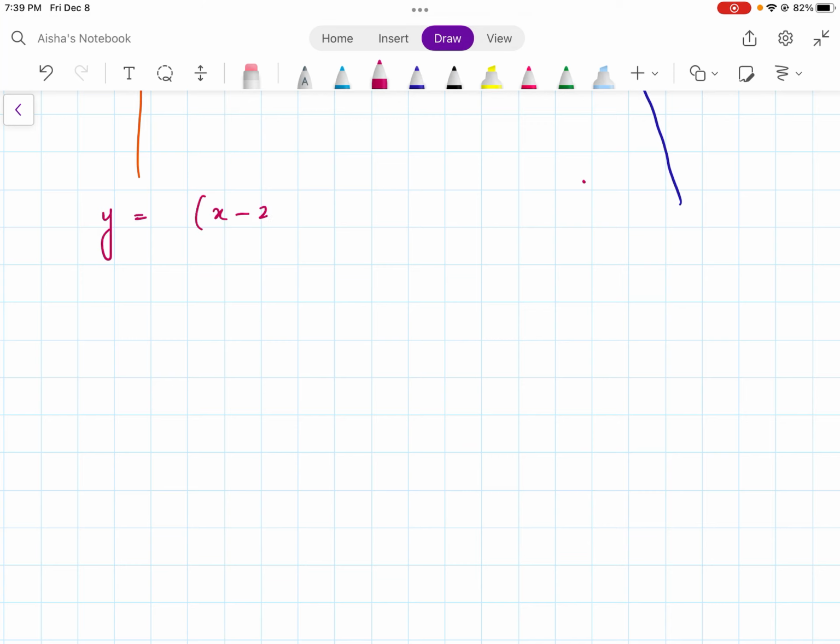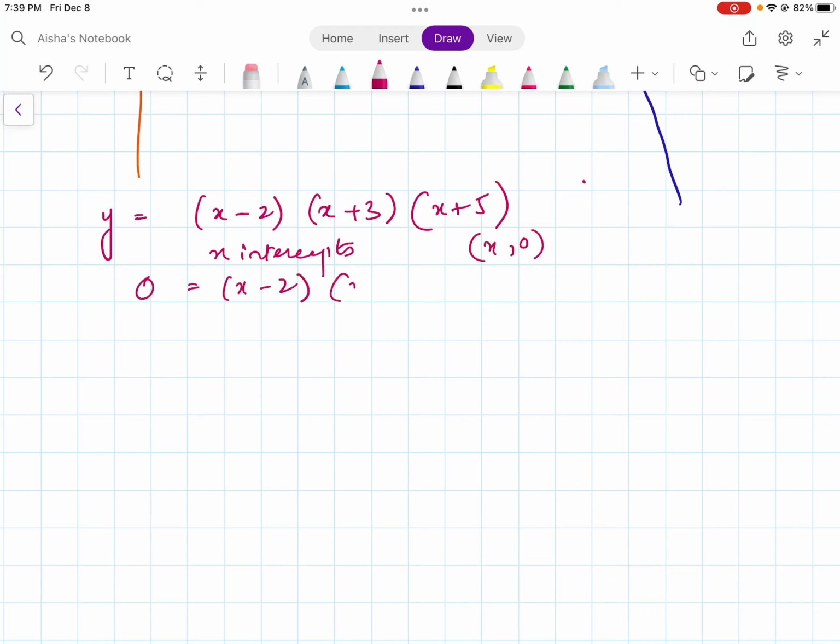Y is equals to x minus 2, x plus 3, x plus 5. First find out the x-intercepts. How do we find out the x-intercepts? We put y is equals to 0. X minus 2 equals to 0, x equals to 2.